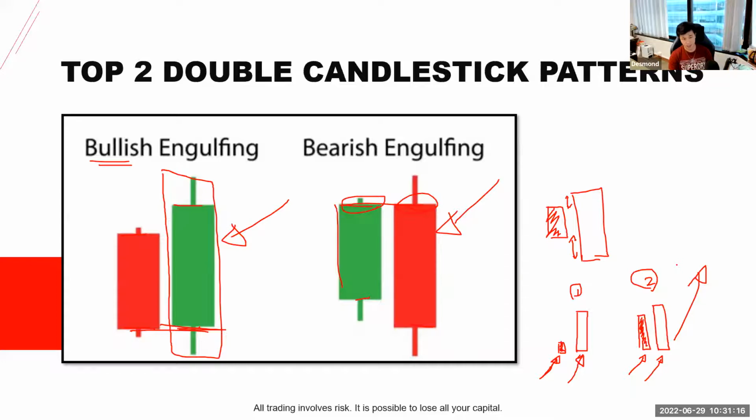You need to see the size of the candlesticks. Another important thing to take note of is that with engulfing candles, stay away from tiny engulfing candles. If you have one tiny candle here, and a slightly bigger, tiny candle here, one bearish candle, one bullish candle, this might be a bullish engulfing, but this is not as great as this bullish engulfing over here.